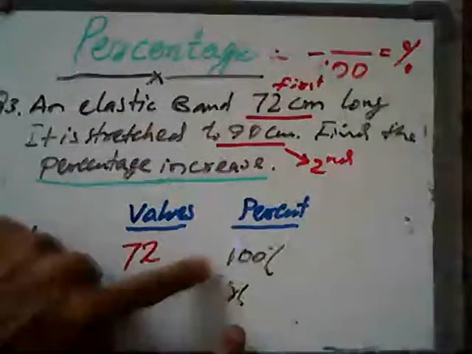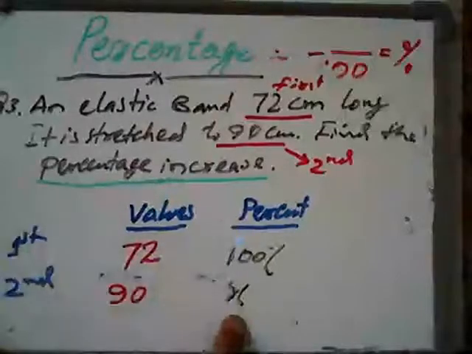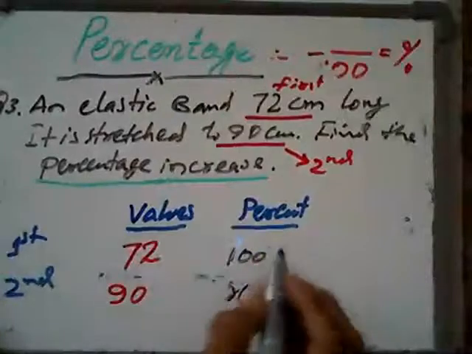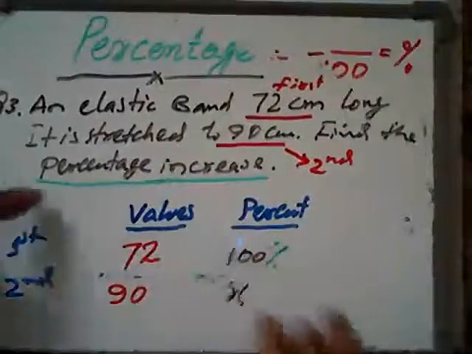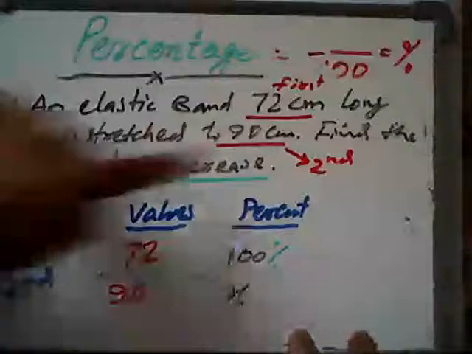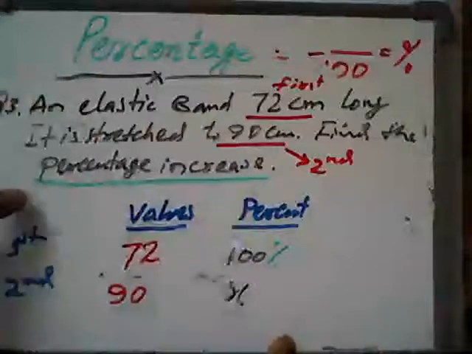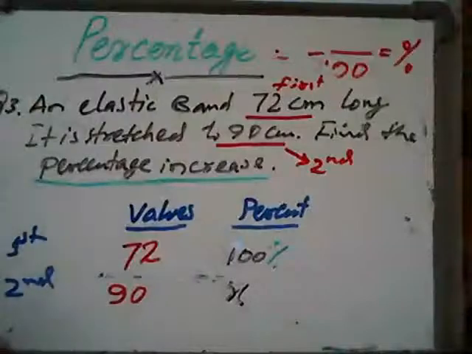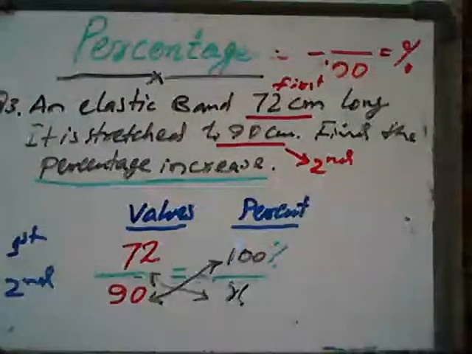If this becomes 150%, it means 50% is increased. So we must remember what it's asking about, the percentage of 90 centimeters or the percentage increase. So percentage increase means the difference of the percentage. We'll be finding it out.